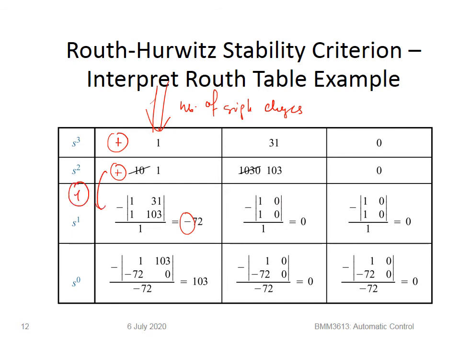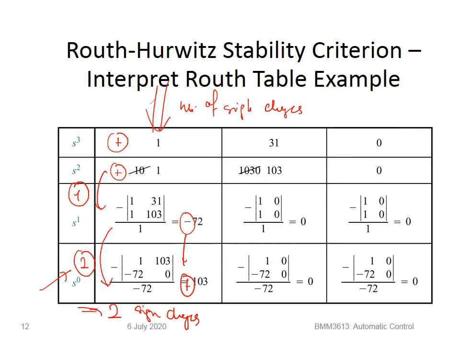And here again, from this column of S1 to S0, now the sign has become positive. So from this column to this column, we have another 1, and that makes 2 sign changes. So what happened is that we have 2 sign changes.